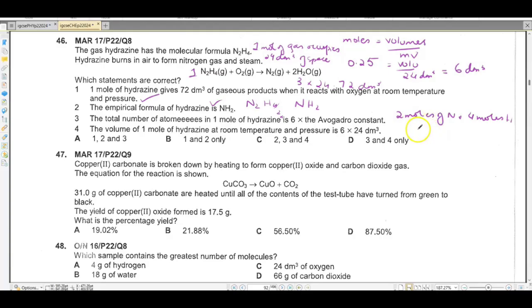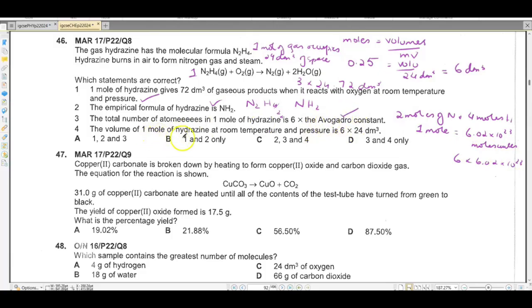Since 1 mole contains 6.02 times 10 to the power 23 molecules, the total number of atoms is 6 times the Avogadro constant, so 6 times 6.02 times 10 to the power 23. This is correct.